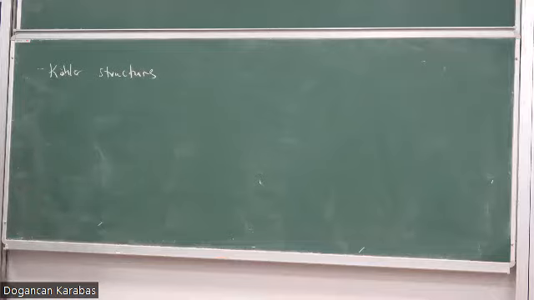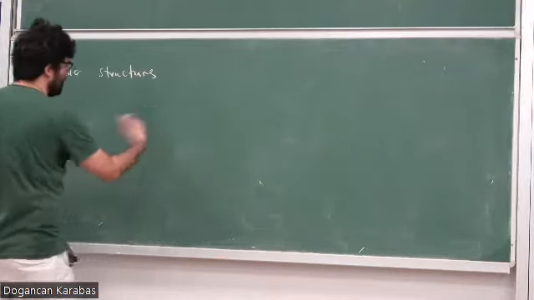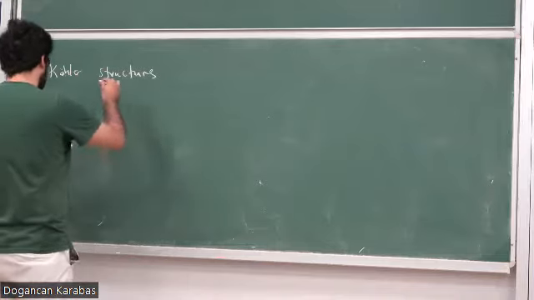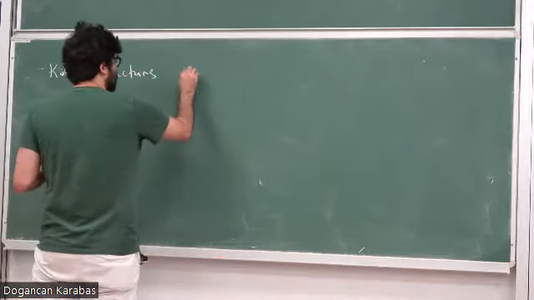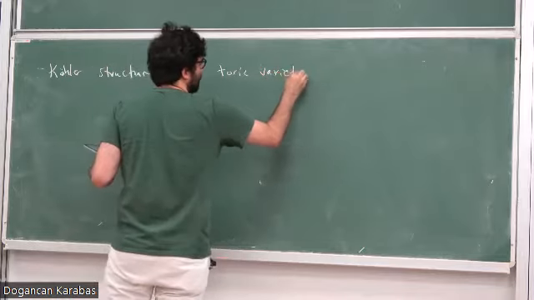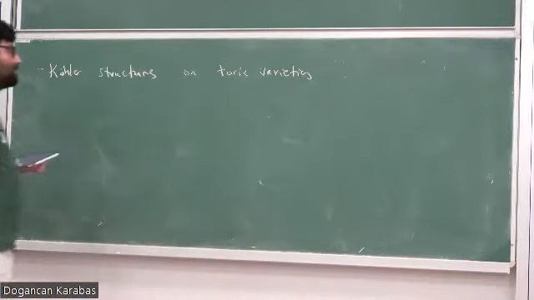start talking about Looijenga conjectures and their symplectic geometry and SYZ fibrations and so on. It's Kähler structures on toric varieties. And I will not say anything complete at all.